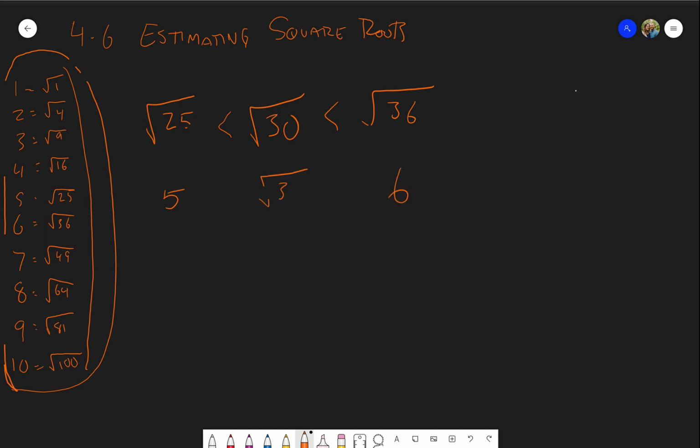So the square root of 30 fits somewhere in between 5 and 6. So we can say the square root of 30 is in between 5 and 6 because 30 is in between 25 and 36.